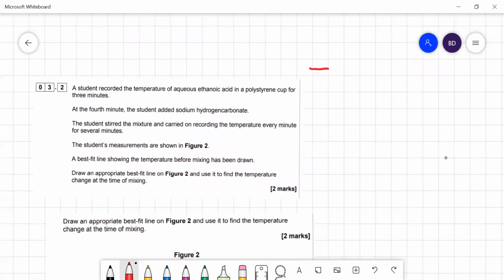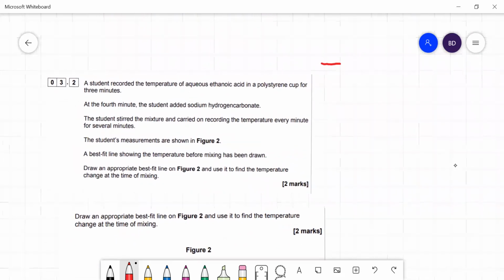Okay. Now this relates to a required practical. I think it's number 2, where you have to measure an enthalpy change. A student recorded the initial temperature of the ethanoic acid in the polystyrene cup for 3 minutes, and at the 4th minute they added the sodium hydrogen carbonate, which is solid.